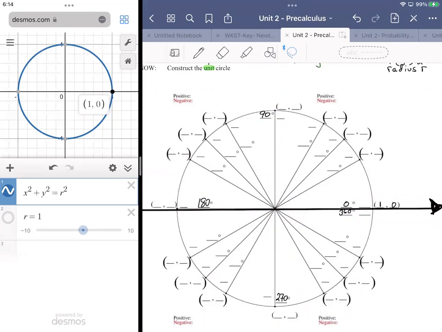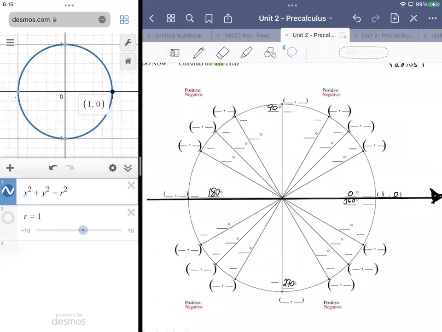So those are what we call the quadrantal angles, right? Anything that lands on a quadrant, right? Because this would be the x-axis here, and we'd have this being the y-axis here.